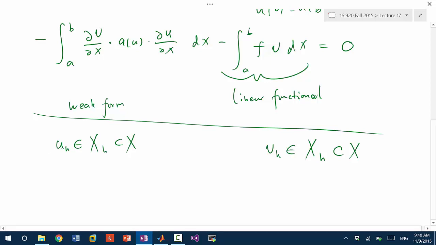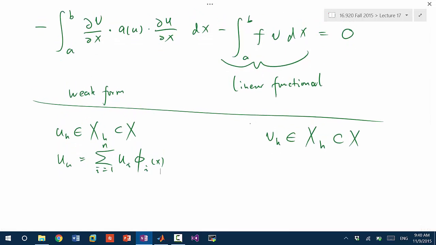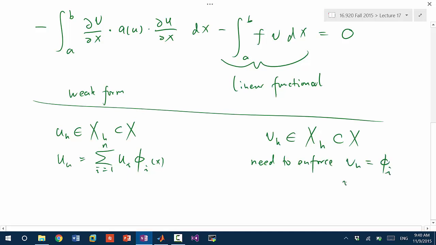And also the fact that u_h is within the finite dimensional space means we can expand u_h as a linear combination. I have used a here, so I'll use a_i, i goes from 1 to n, a linear combination of these basis functions. And we need to enforce V_h equal to V_i.